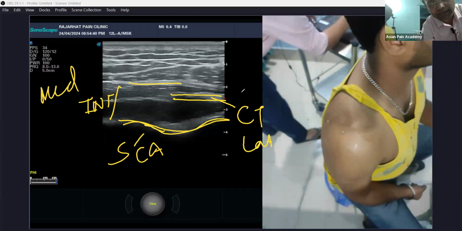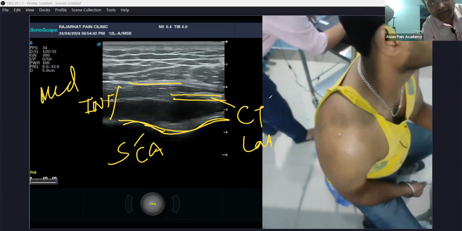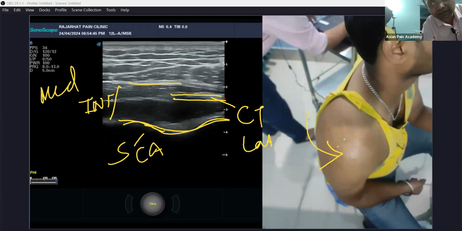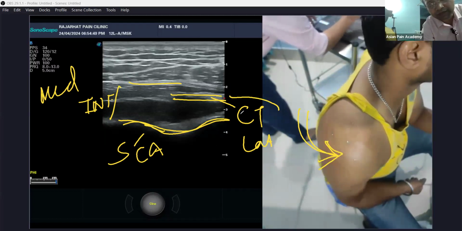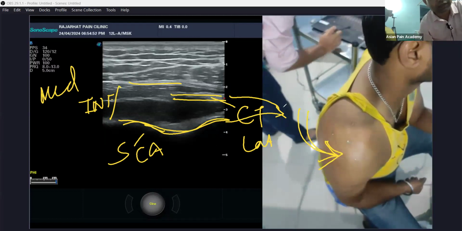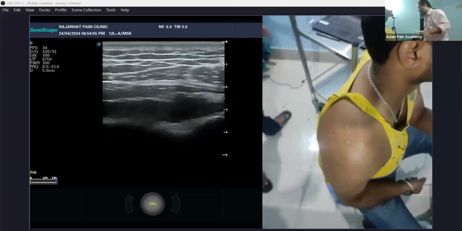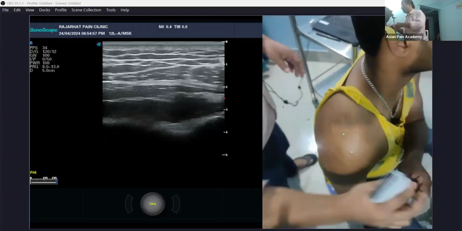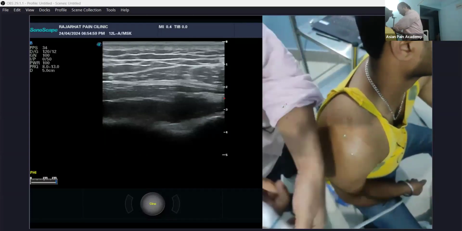When I go more laterally, I will be seeing the tendon formation, meaning I am coming like this. I will be seeing the tendon formation and bird beak appearance, which is coming gradually and joining to the greater tuberosity. Okay, so just see again, and then I will go for a dynamic examination.